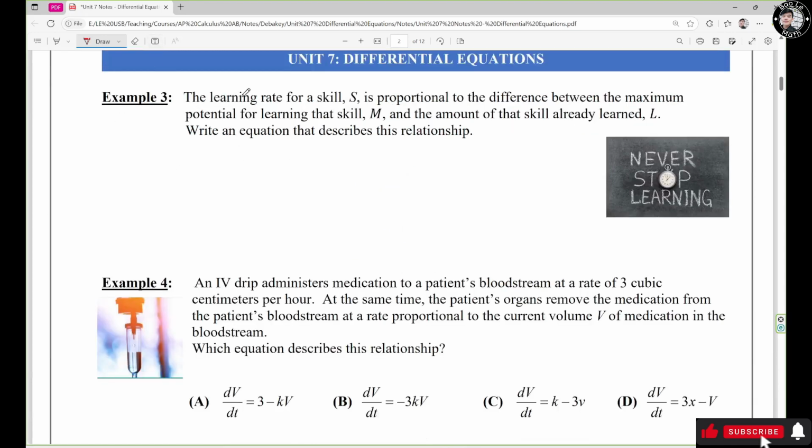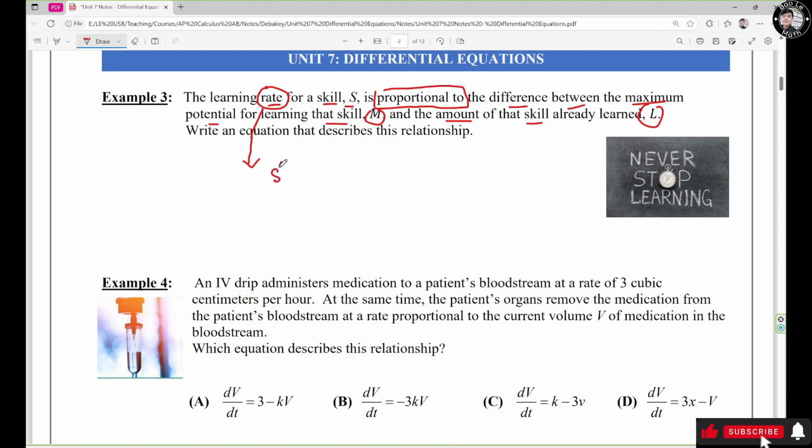Now, example number 3. The learning rate for a skill S is proportional to the difference between the maximum potential for learning that skill M and the amount of that skill already learned L. Write an equation that describes the relationship. Again, whenever we talk about rate, we talk about the first derivative, right?